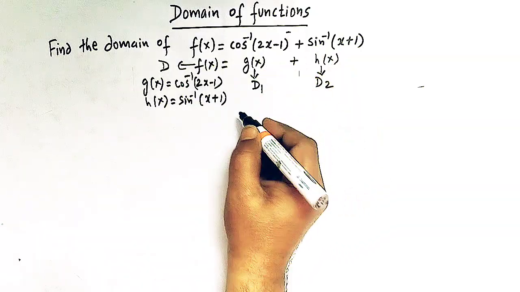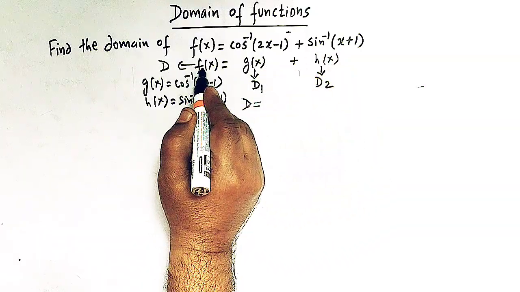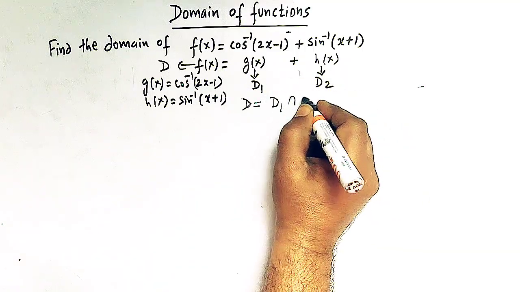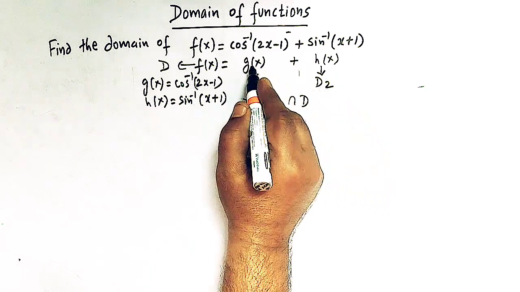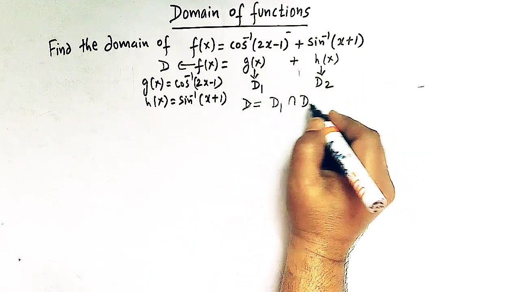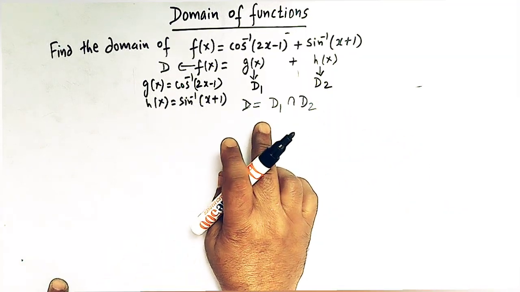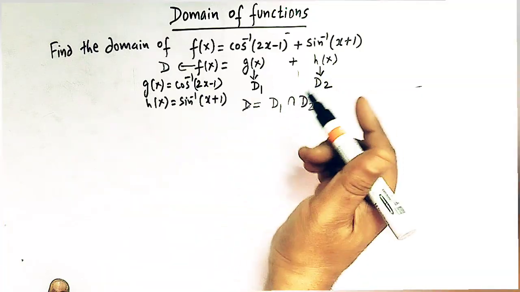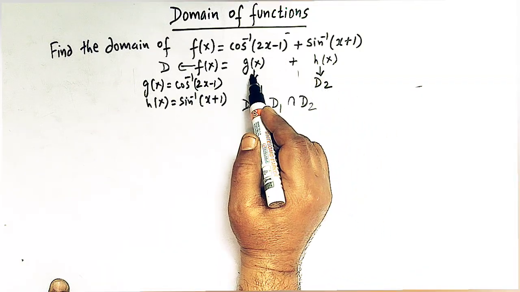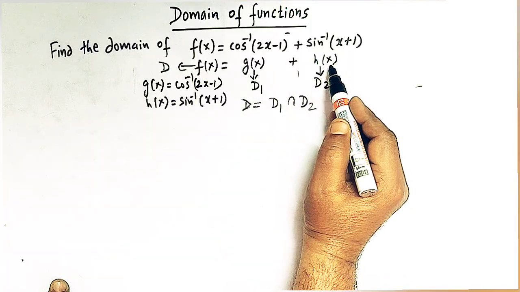Or in other words, we can say that the domain D of this function f of x is the intersection of the domain of g of x and h of x. So D is given by d1 intersection d2. So here we have to search for all values of x which are common to the domain of g of x and h of x, right?